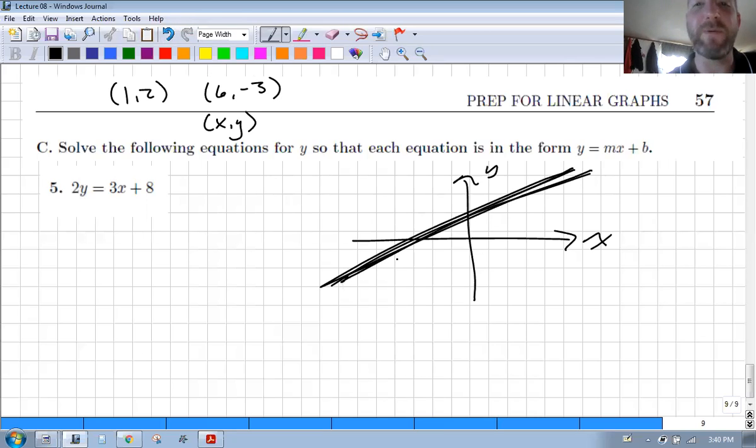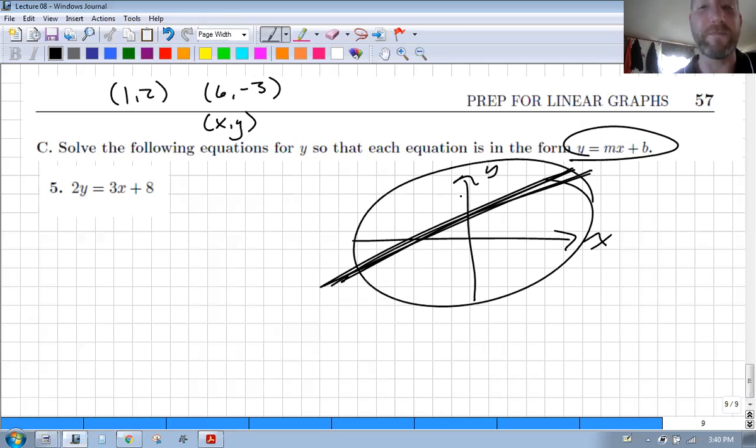This line would be a visual representation of the solutions to this equation. So for people who like pictures more than numbers or letters, if you put it in this form, it's easy to know what it looks like. So that's why we're doing that.